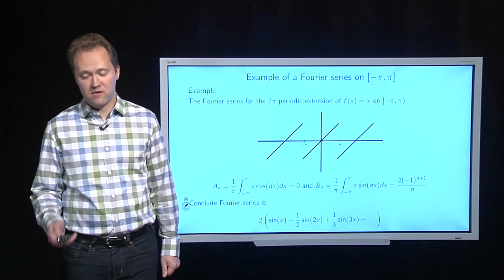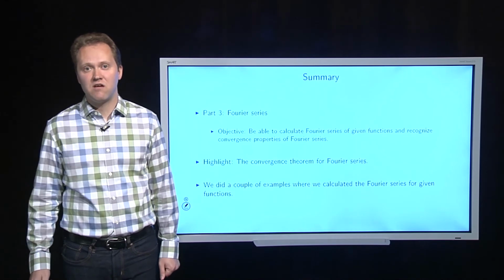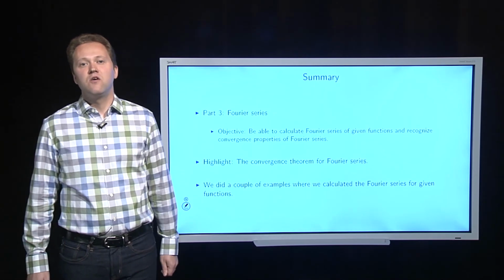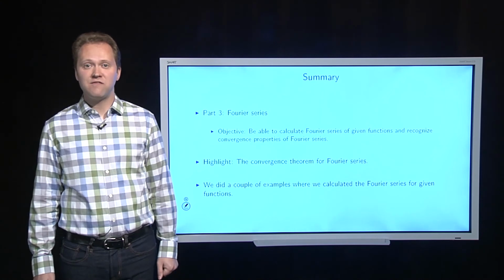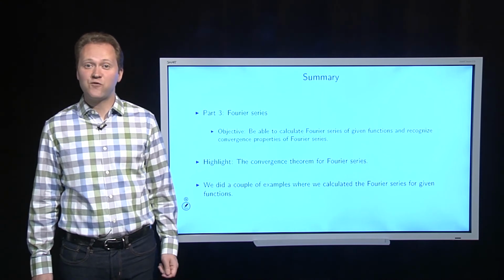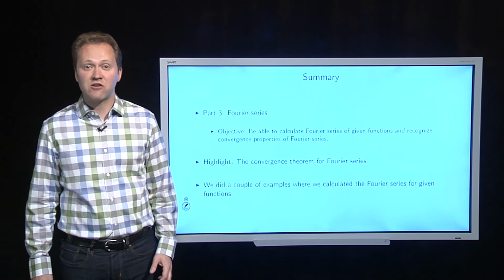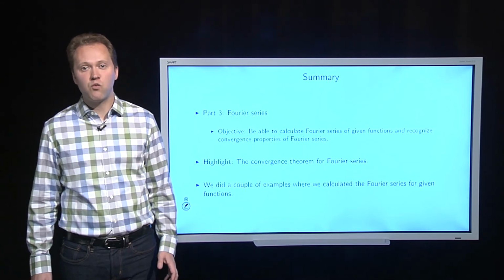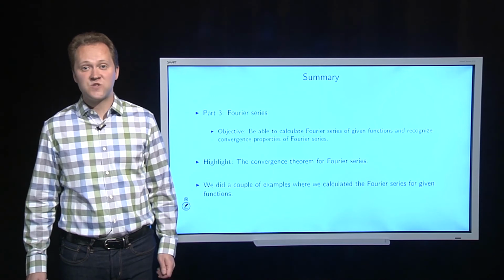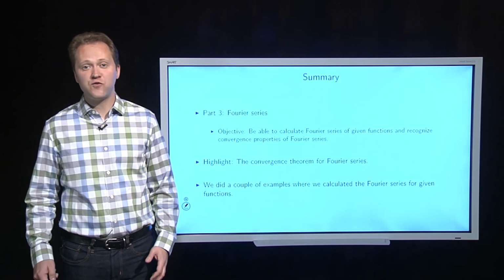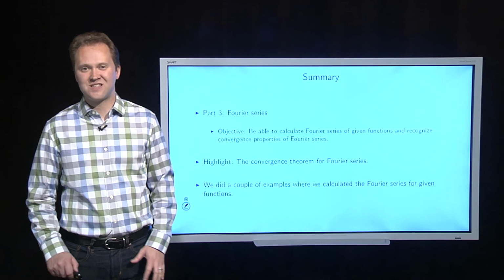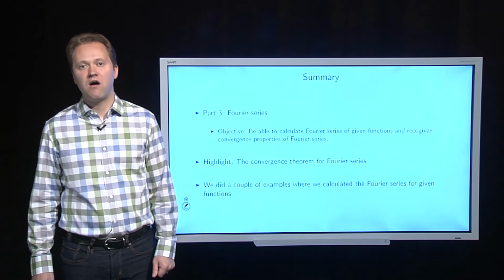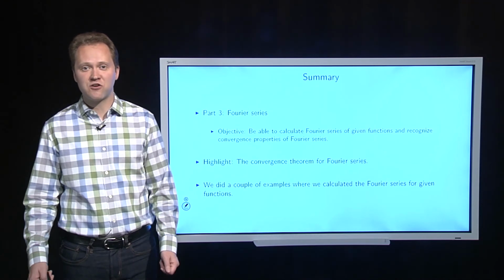So with that, we've come to the end of this video. In part 3, our objective was to be able to calculate Fourier series of given functions and recognize convergence properties of Fourier series. The highlight was the convergence theorem that we had. That is, Fourier series for good functions, functions that just have some jumps in them, actually converge to the function, so they're great.